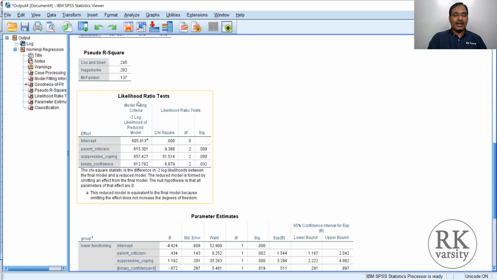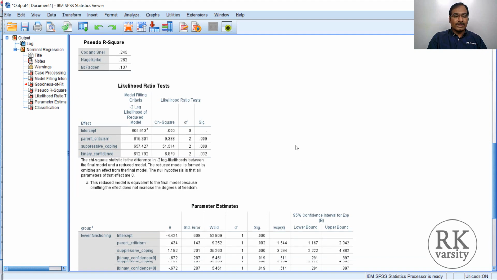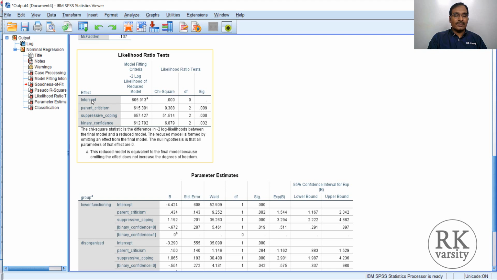And here you have the likelihood ratios. In case of likelihood ratios, what we see is the effect if a particular variable is removed from the model, then what is its impact? So if parent criticism is removed, then your log likelihood is 615 and chi-square value is 9.38 with 2 degrees of freedom, because only two other variables will remain in the model.